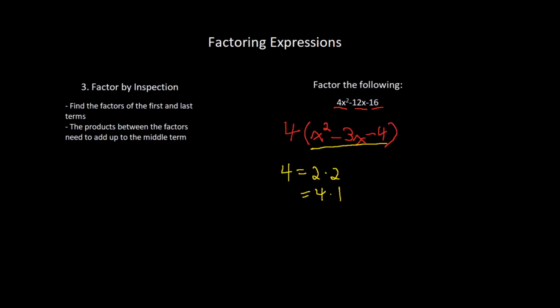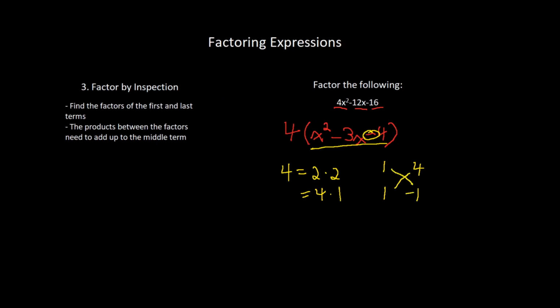4 is equal to 4 multiplied by 1 or 2 multiplied by 2. Now we crisscross again with 1 and 1 on the left side and 4 and 1 on the right side. Since the last term is negative, one of the factors on the right needs to be negative. If one way doesn't work, then put the negative on the other factor.